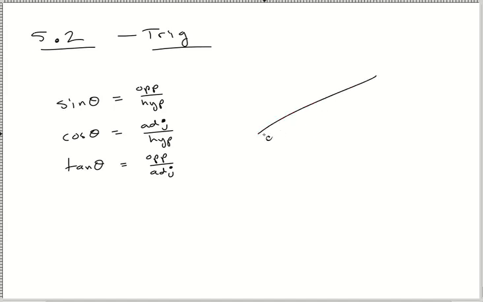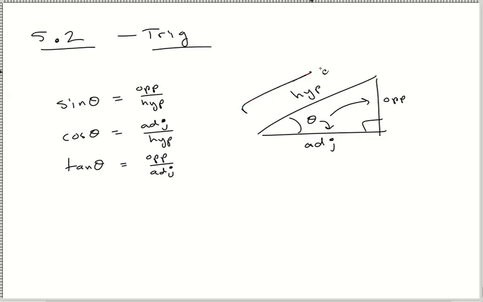What they're really talking about is some kind of a triangle with a theta right here. Opposite of that angle is this distance. Adjacent to that angle is this distance here. And the hypotenuse is always the longest one.